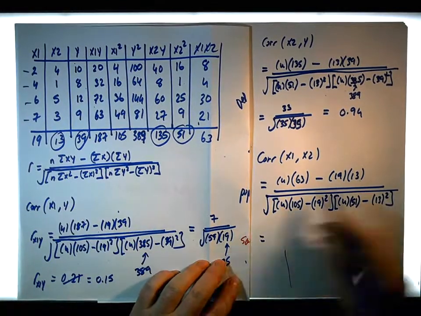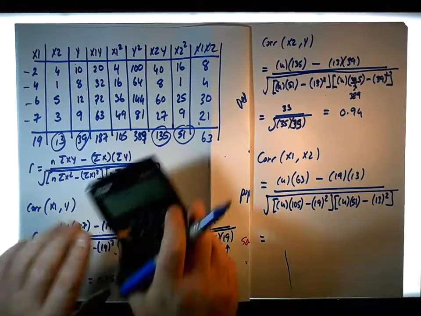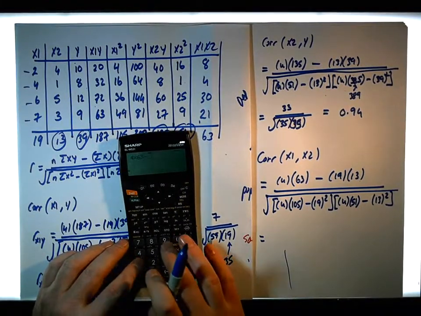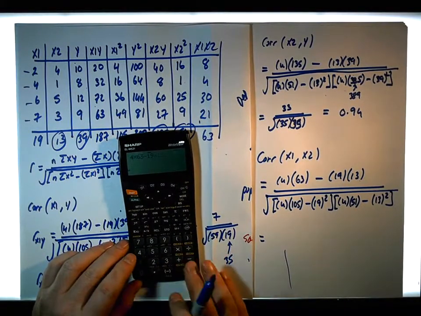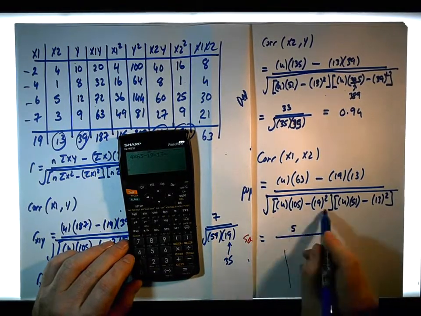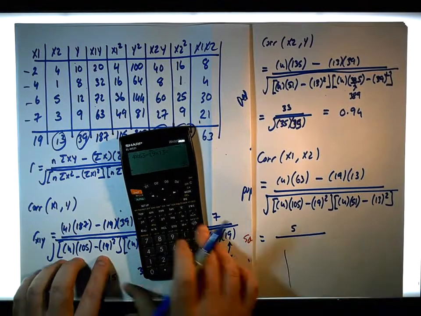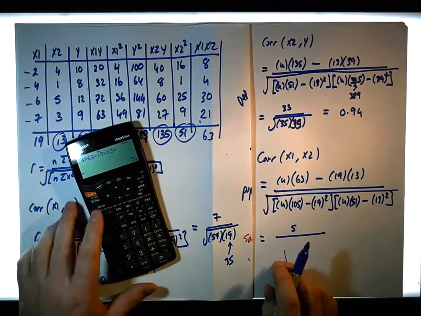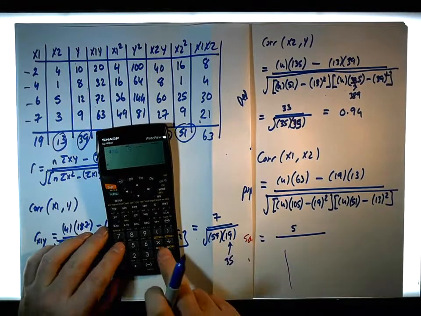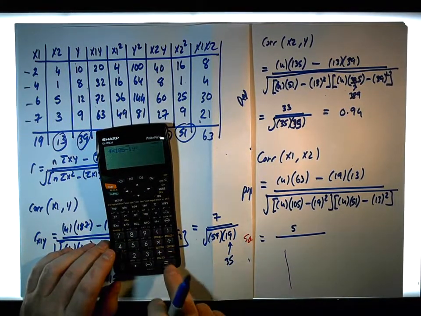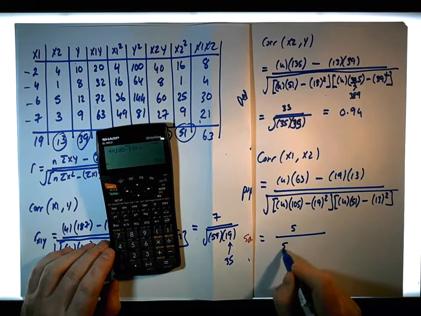So I'll just do the numerator first. 4 times 63 minus 19 times 13 gives us a value of 5, which needs to be divided by this value here. We already know what that is. That is 59. Maybe just sanity check it: 4 times 105 minus 19 squared gives us 59.